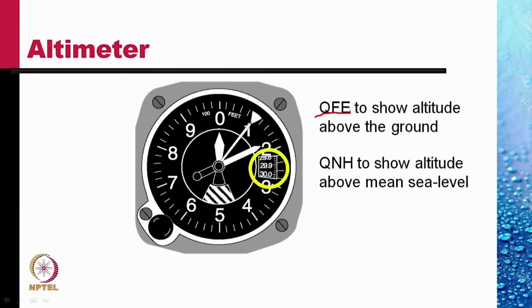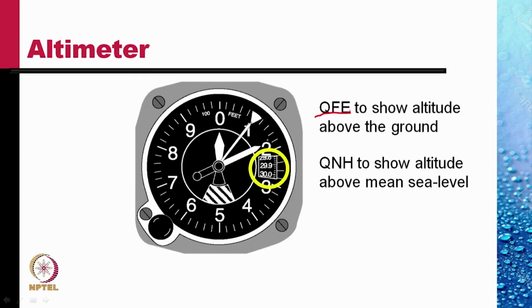So the pilot asks the air control tower, what is the QFE? And if he gets a reply that it is 29.96, then he sets the reading in this window, the yellow window, 29.96 in inches of mercury.